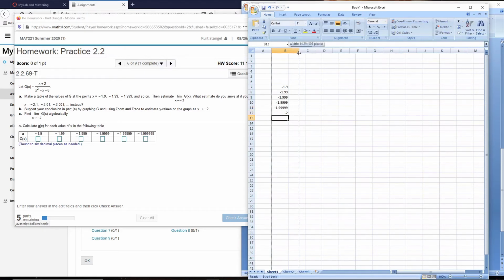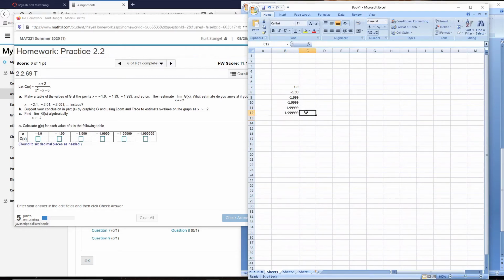So there are the values they want us to input. Now, if you don't have Excel or a spreadsheet, you would have to plug these into a calculator, into this function. I'm just going to use Excel here to do that.